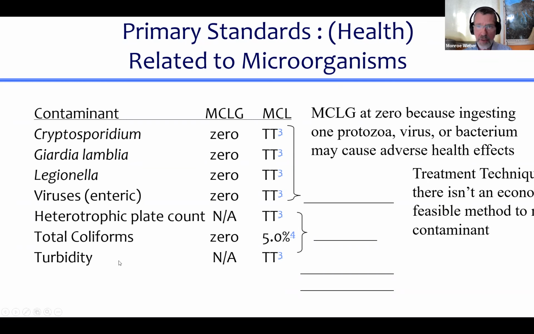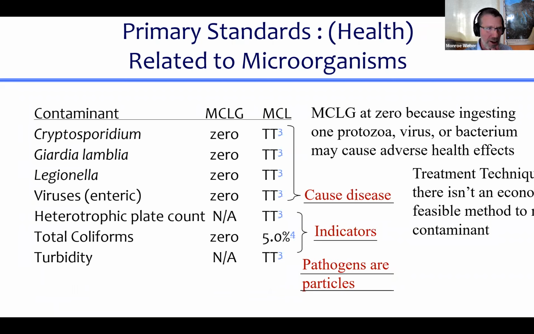And here's where turbidity shows up. Turbidity is not a microorganism, but that's where it shows up in the standards. And it shows up there because pathogens are particles, and whatever treatment technique that we use to remove lots of pathogens is going to have to remove those particles as well, because we're not going to just somehow pick out the pathogens and leave all the clay behind.